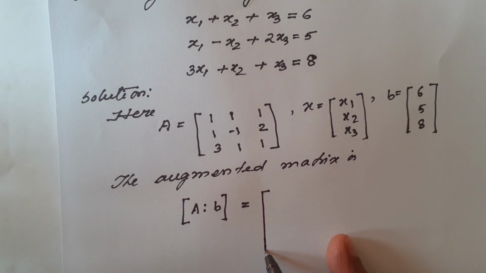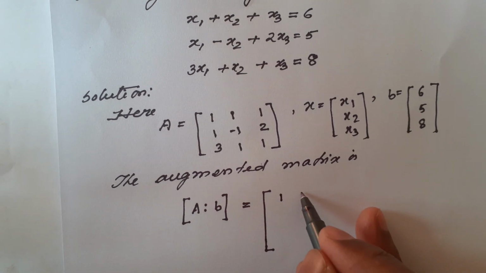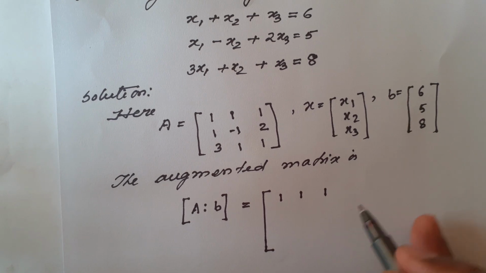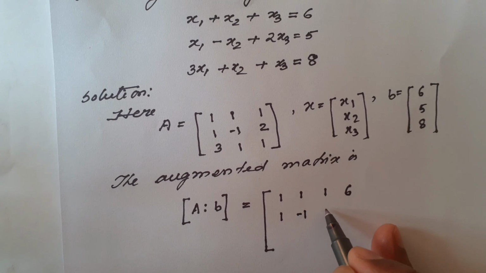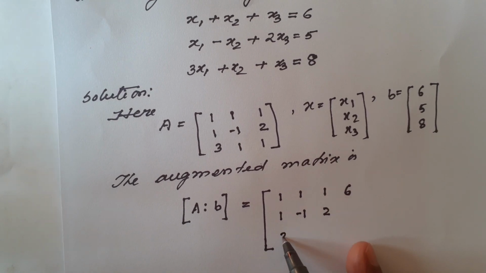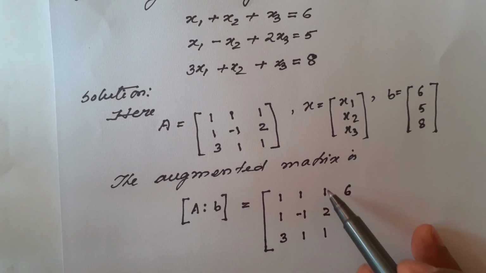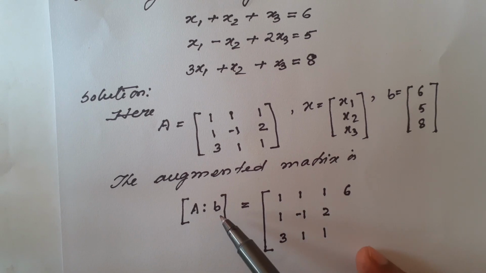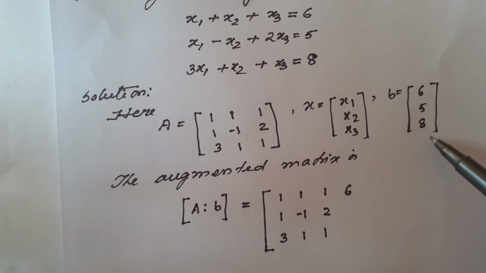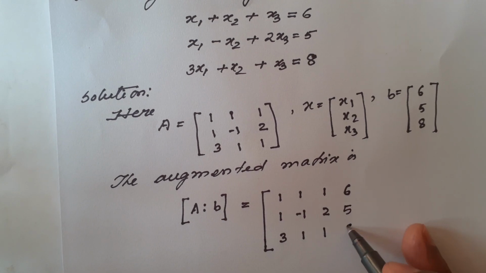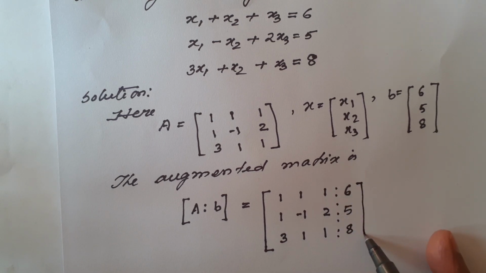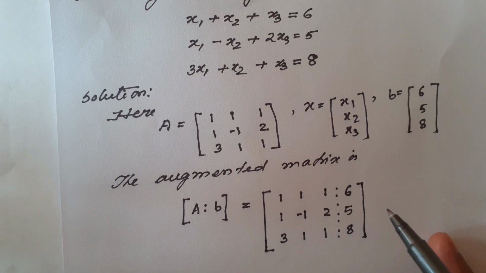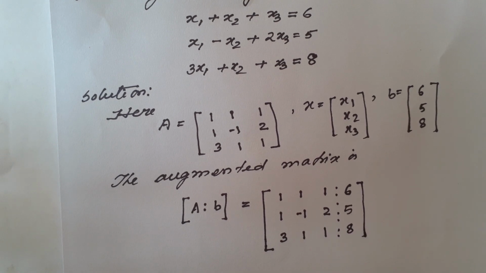So the matrix is 1, 1, 1, 6, 1, minus 1, 2, 3, 1, 1. So this is matrix A, and then augment the last column as the column of B. So it is 6, 5, 8. You can put one partition if you want, but it is not necessary. Just to remind you that the last column is for the matrix B.